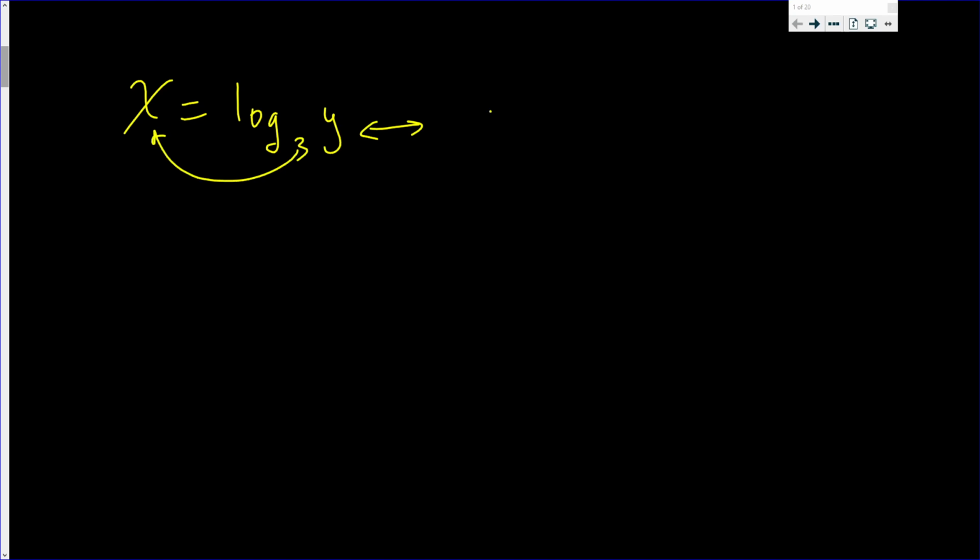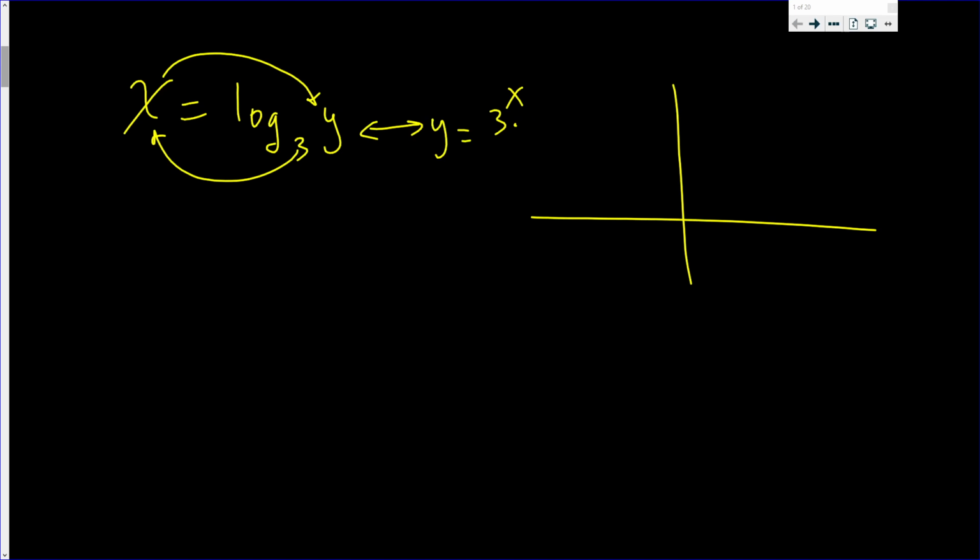I know that 3 to the x is equal to y. That is, y equals 3 to the x. 2 points are enough to graph this curve. You let the exponent be 0 and 1, and that happens when x is 0 and 1. Well, y is 3 to the 0, that's 1, and 3 to the 1 is 3.